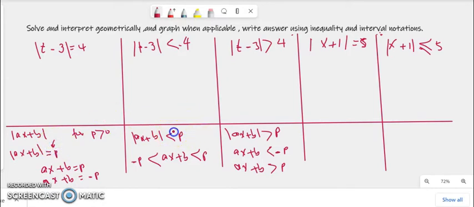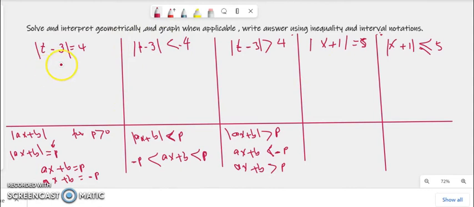When absolute value of ax plus b is less than p, then ax plus b is less than p and greater than negative p. And when it's greater than p, then ax plus b is less than negative p, or ax plus b is greater than p. So this is the theorem we're gonna use to solve all these problems here.